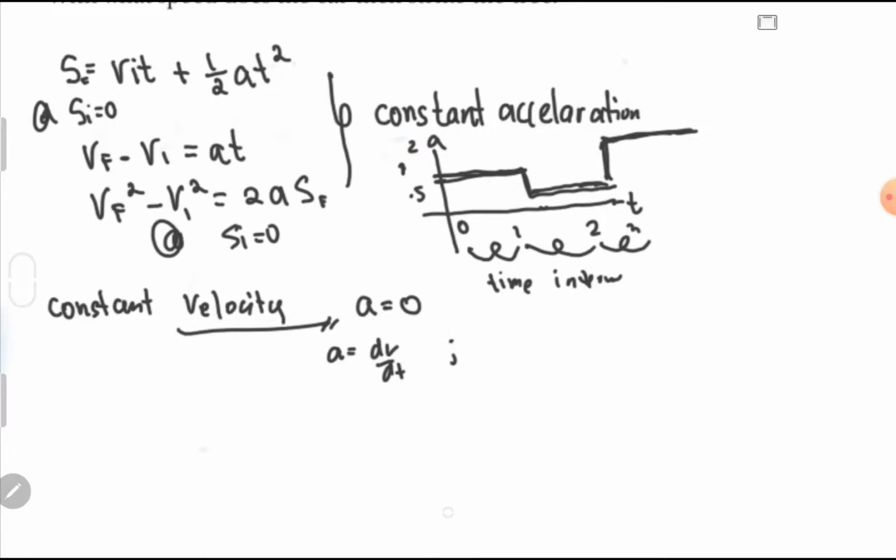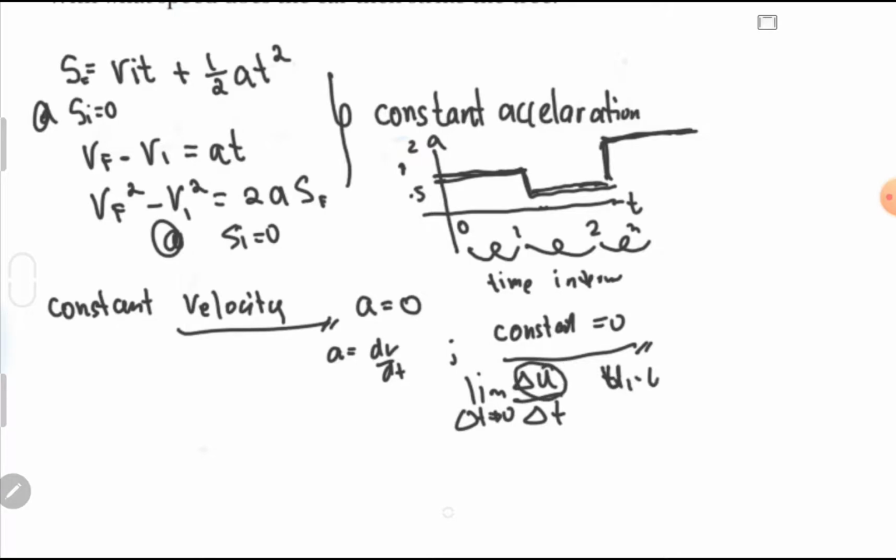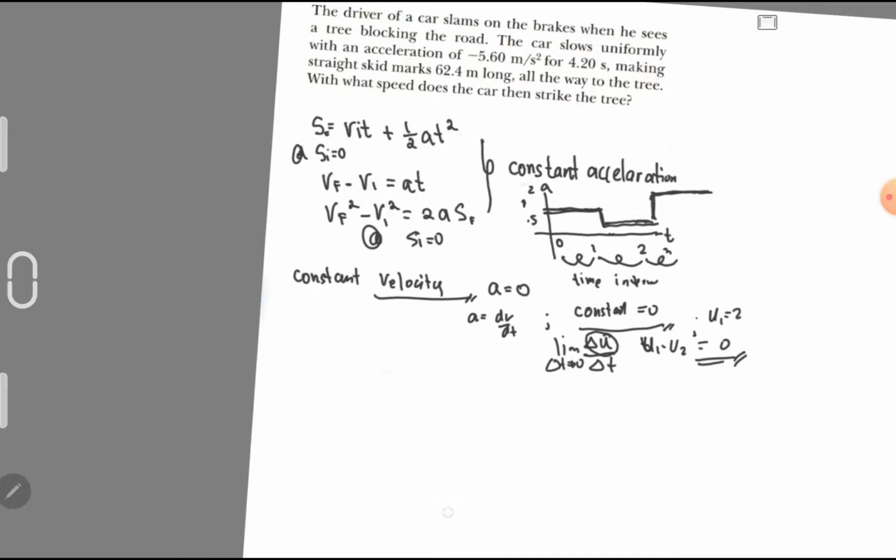And based on the rule of differential calculus, any derivative of a constant will always be equal to 0. Why is it equal to 0? Because your derivative is just equal to delta v over delta t as delta t approaches 0. So, pag constant to, v1 less v2, saying that v1 is equal to v2, di 0 yan. Tama ba? Okay, ganun lang yan.